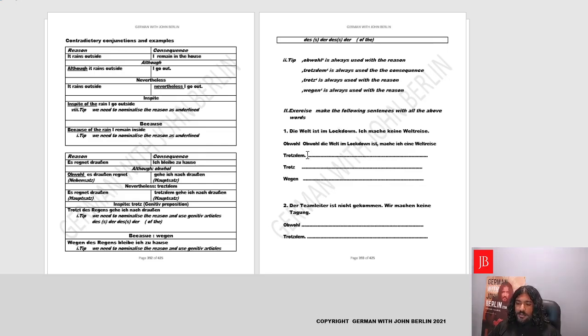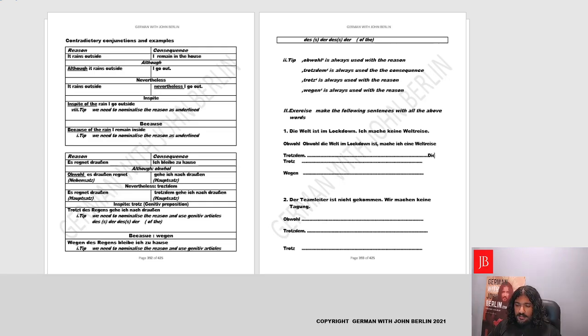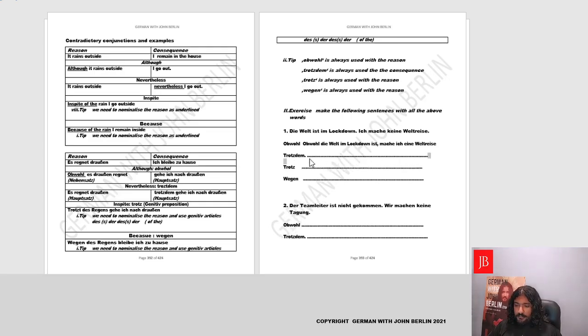Yes. Now this one is trotzdem. Trotzdem is always used with the consequence. So we'll begin with the sentence. Die Welt ist im Lockdown.